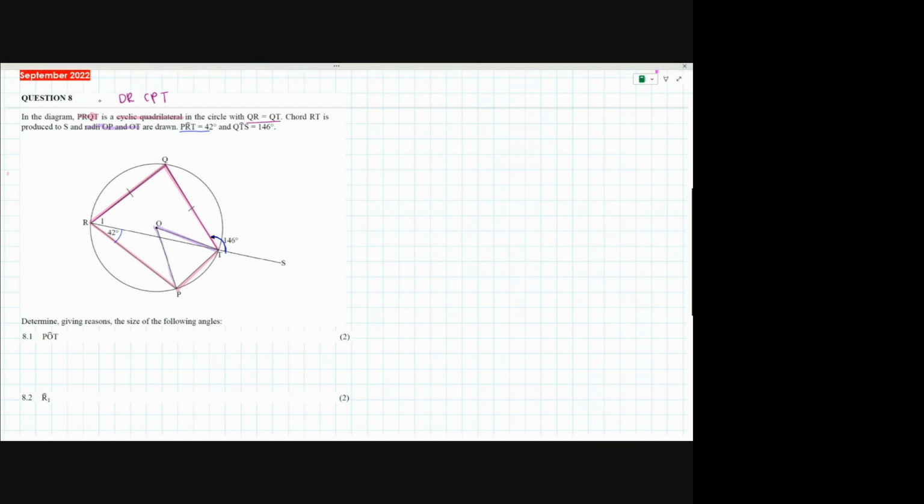So the first question asks me to determine, giving reasons, the sizes of angles. The first one is angle POT. So POT is this angle up here. Now, guys, particularly in this first question that we're given, the mark allocation is generally 1 mark for a statement, 1 mark for a reason.